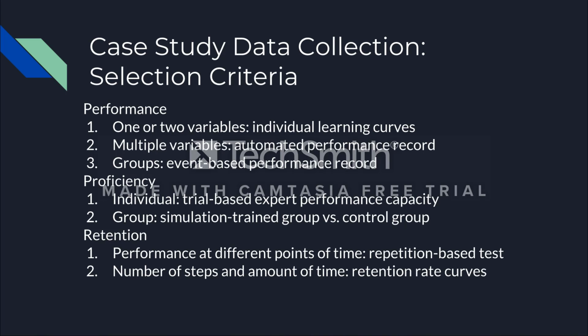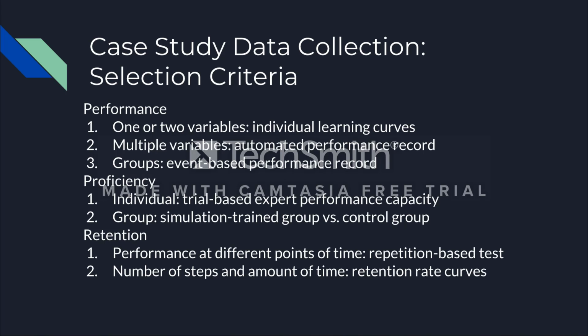If we're looking for performance of groups, then we use event-based performance record. Under proficiency, if we're looking at an individual's proficiency levels, we use trial-based expert performance capacity.